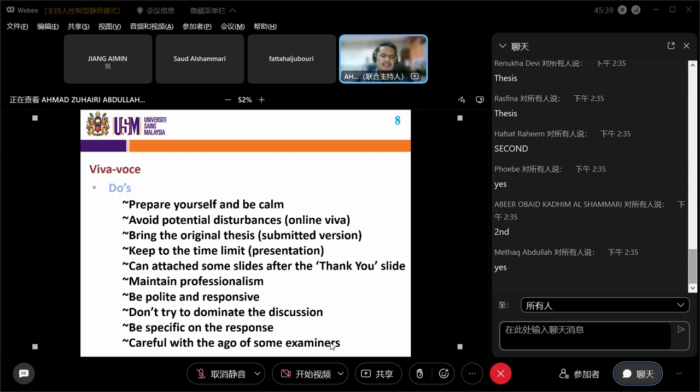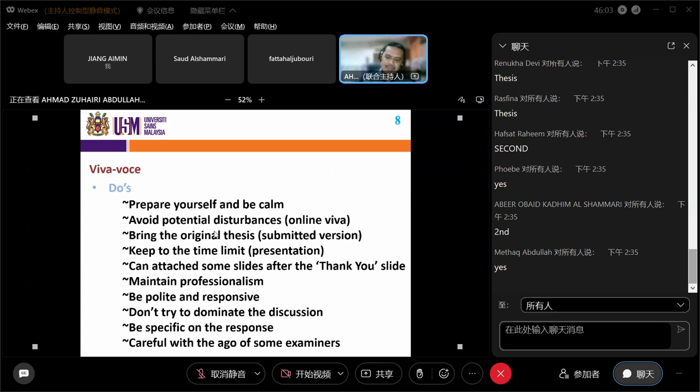But usually for the presentation, limit it to 15 minutes, because in many Vivas that I've been to, after 15 minutes, you will be asked to stop. Okay, so no point you prepare so many slides, in the end you are not allowed to present. And you can attach some slides after the thank you slide. Now thank you means already 15 minutes. You may have additional slides after that.